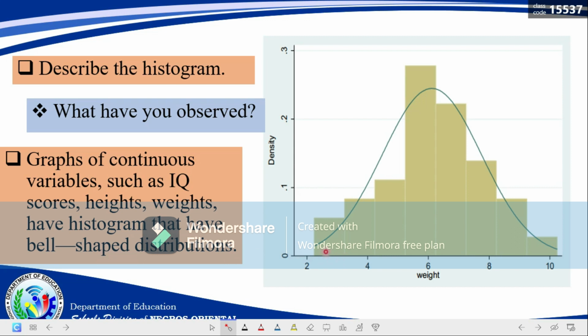You've noticed we have here a histogram, and then there's also a curve, and if we're going to describe this curve, it is bell-shaped. This is what we call the bell-shaped distribution.